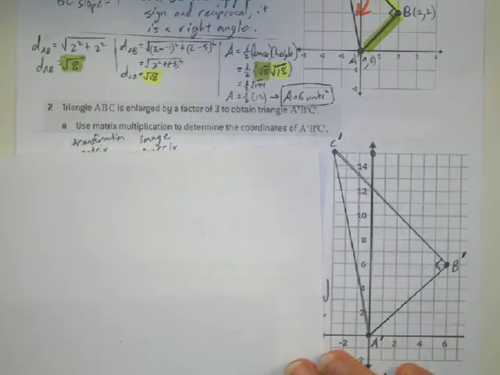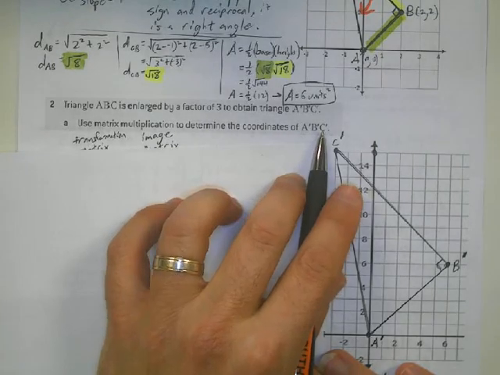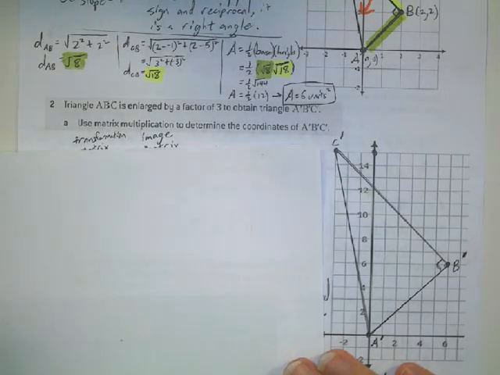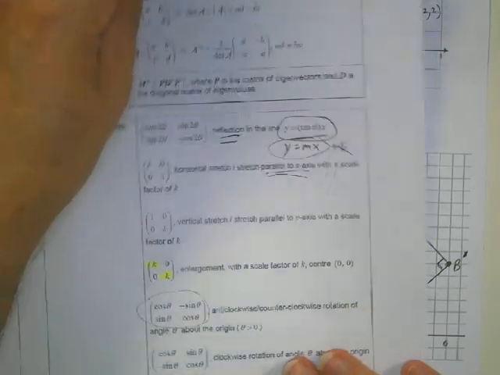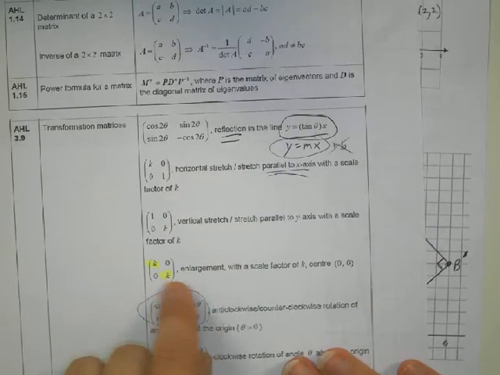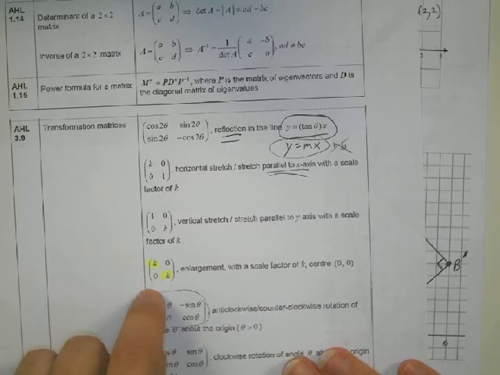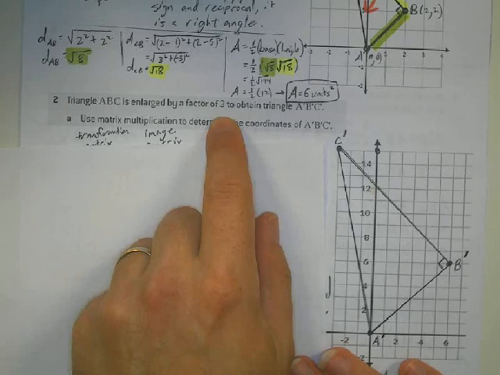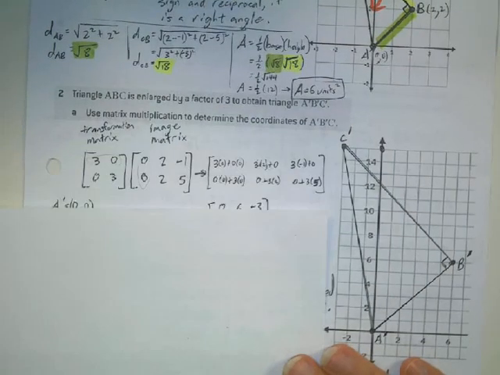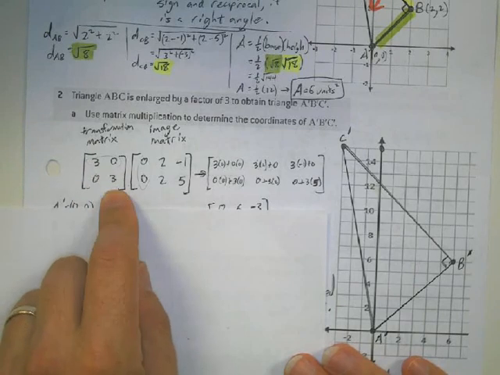Use matrix multiplication to determine the coordinates of A prime, B prime, C prime. We know from our previous lesson and from our formula worksheet, if it's enlarged by a scale factor of k, the matrix is (k 0; 0 k). We've been told that it's enlarged by a factor of 3, so instead of (k 0; 0 k), it's (3 0; 0 3).